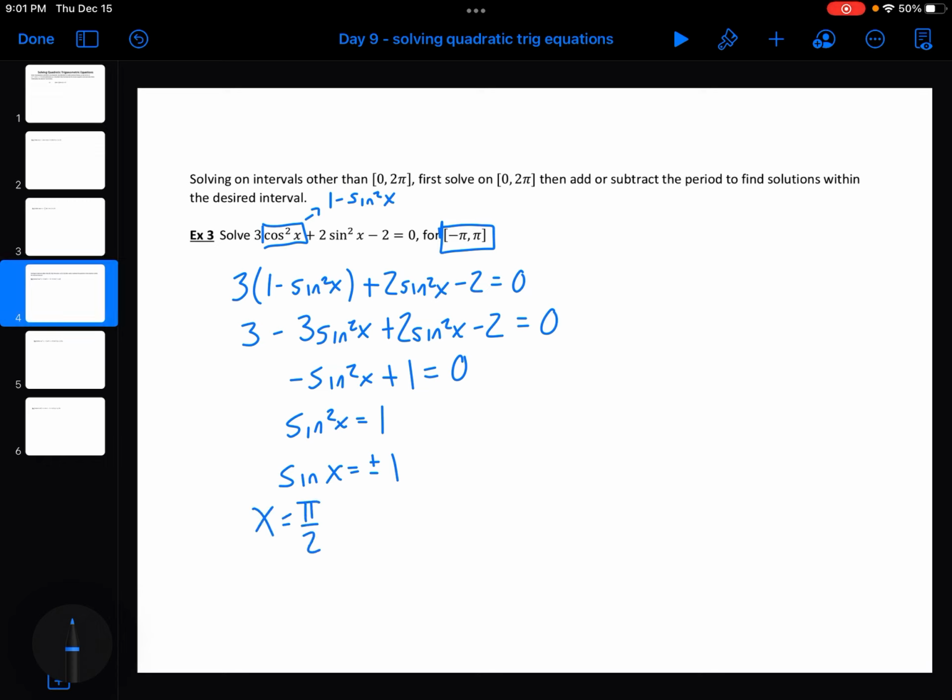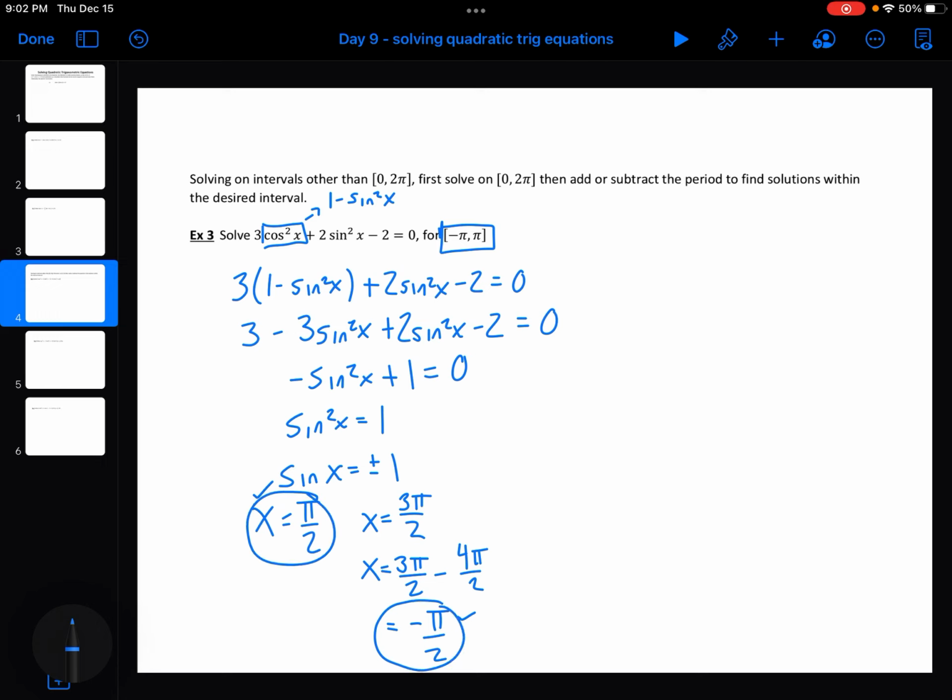And then x equals 3 pi by 2. But if I look at that, that's not within my domain. So then I need to subtract one of my cycles, or one period. In this case, there's no k value again, so one period is going to be 4 pi over 2. So then I'm going to get x equals 3 pi by 2 minus 4 pi by 2, which is going to be equal to negative pi by 2, and that is now within my domain. So here are my two answers.